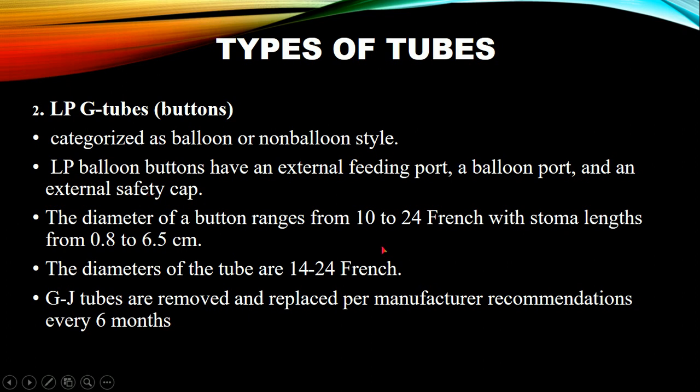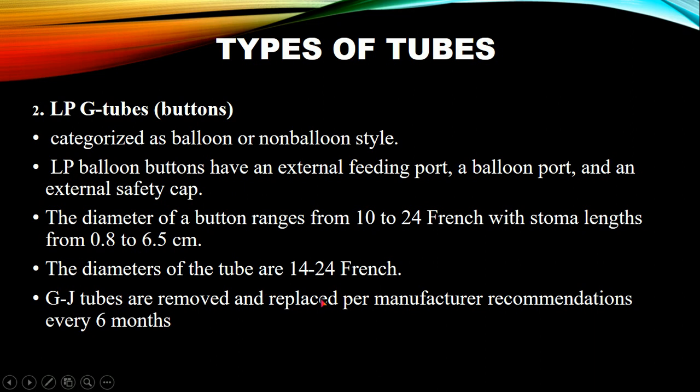And size is 10 to 24 French, and the stoma lengths are 0.8 to 6.5 centimeters. So we have different sizes, and keeping in mind the age of the child, we decide which size we require. Okay, and depending on the size, the length of the stoma also differs.